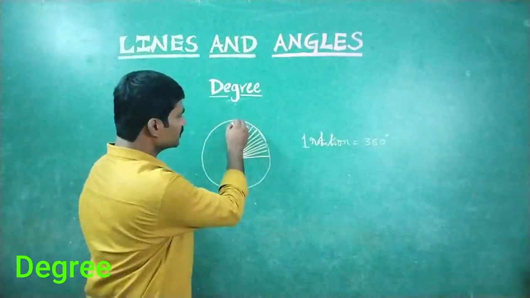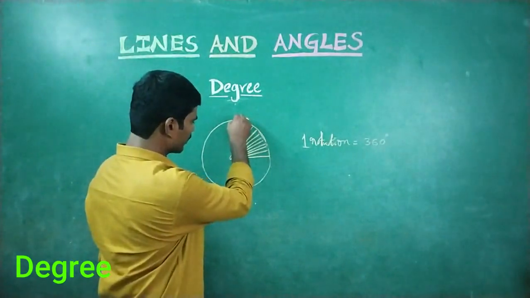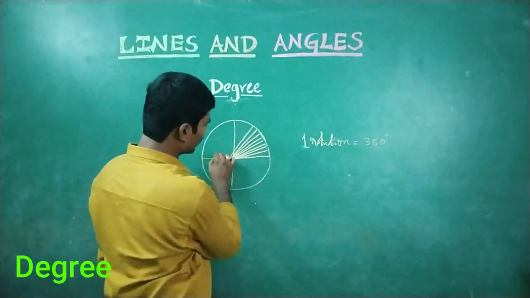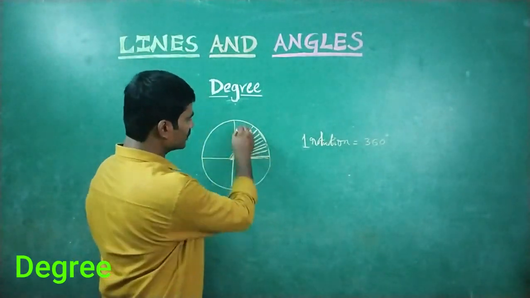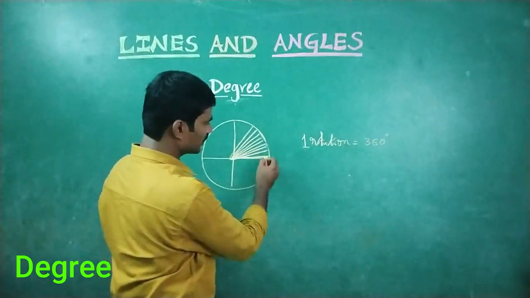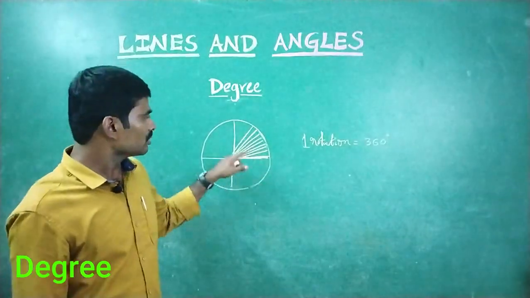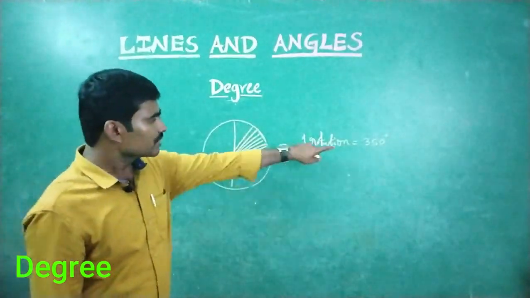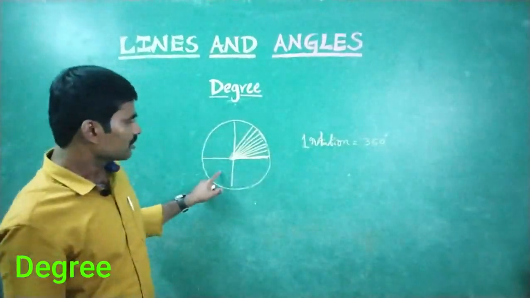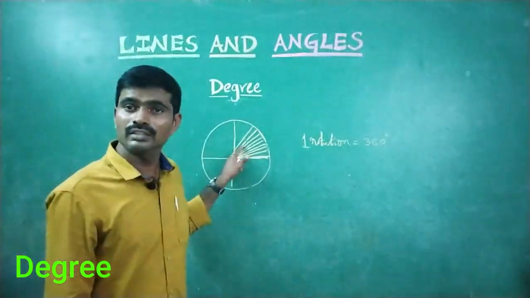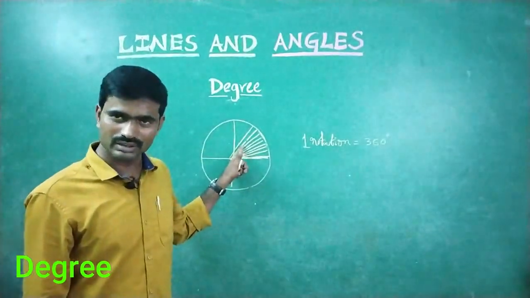Suppose this rotation is divided into 4 equal parts, then each part is called a quadrant. A quadrant forms a right angle. So 360 divided by 4, each quadrant has 90 degrees.